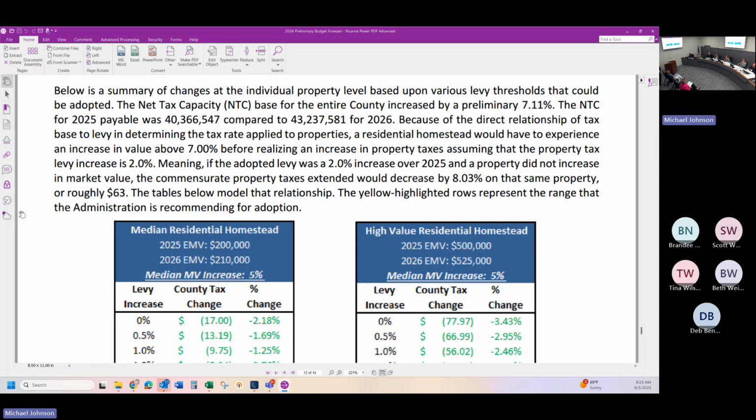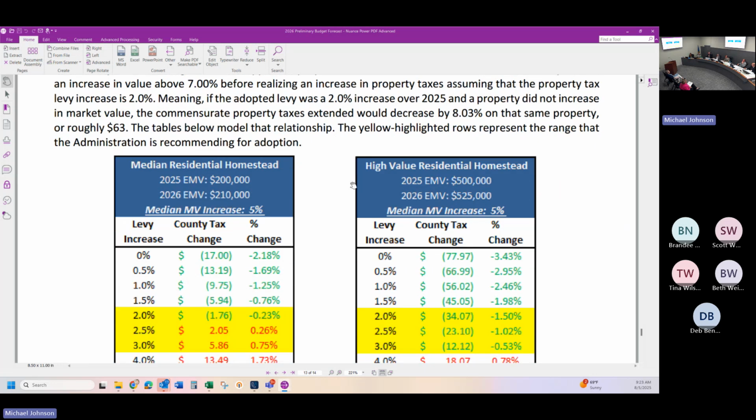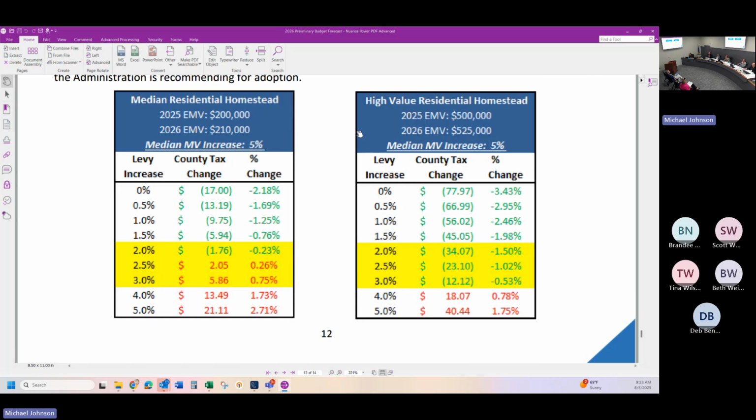Preliminary number, but still a pretty significant preliminary number, more than twice the amount of last year. So that is good in terms of providing some tax relief to some more common or standardized properties. And, you see, as I always provide you with various price points and breakpoints at a median residential homestead, kind of a median value versus a high value residential homestead.